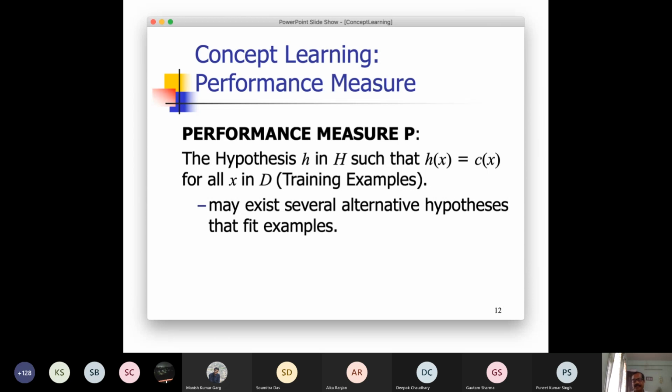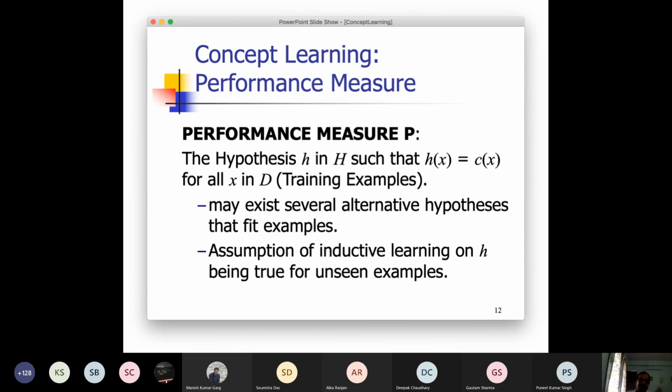That means there could be hypotheses which are more general than another hypothesis, both satisfying all the training examples. One of them could be more general, another more specific, so we may choose the more specific one. Anyway, it depends upon you. Sometimes when we say more general, there are certain connotations with that. We will discuss that part also.